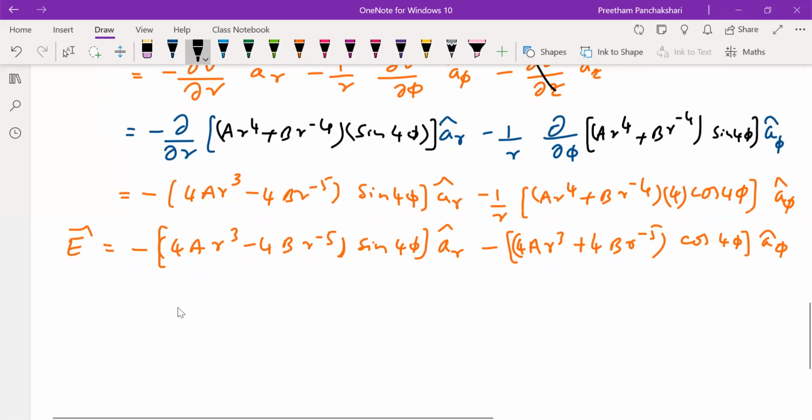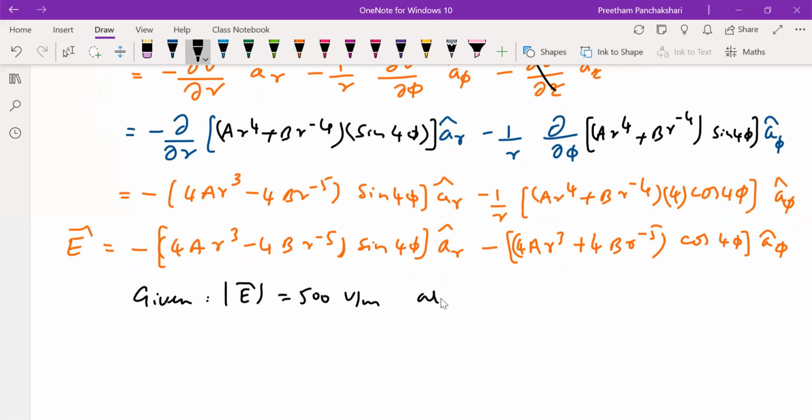Now, further simplification is not possible. So now we are going to use the data given. So what is given here in the problem? Given that magnitude of E is equal to 500 at the point P specified, that is 1, 22.5 degree, 2. So if you want to use this value 500, we have to use the coordinates of the P.